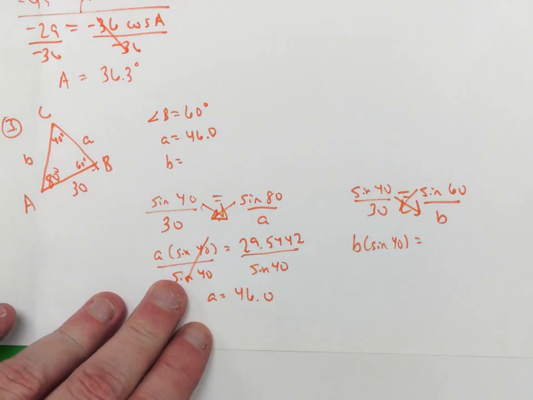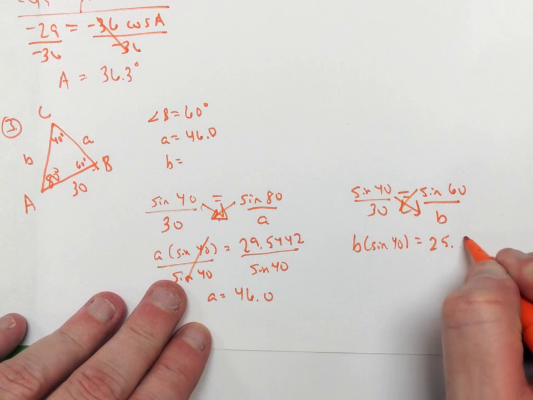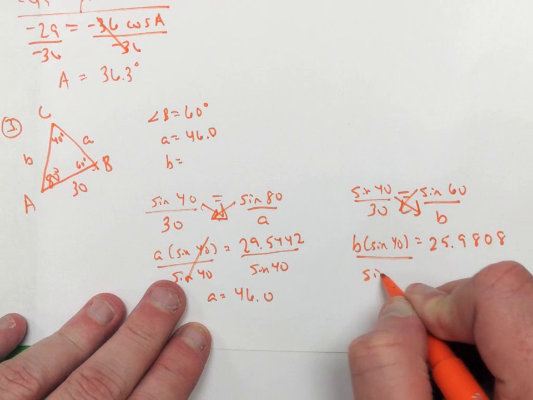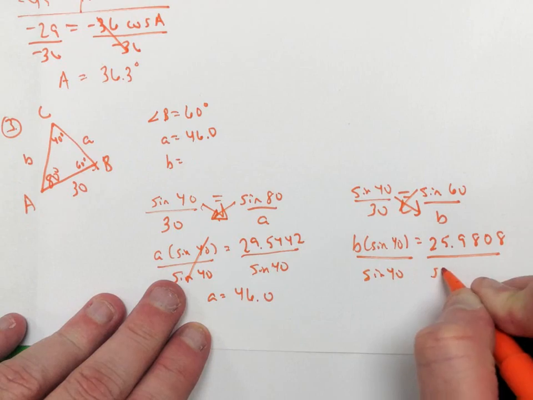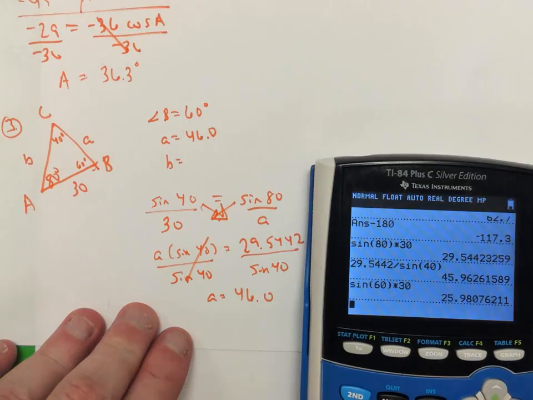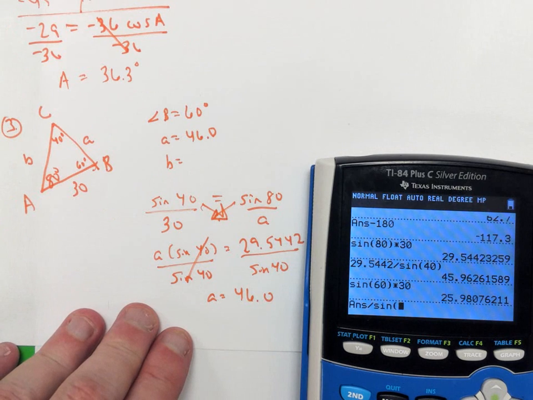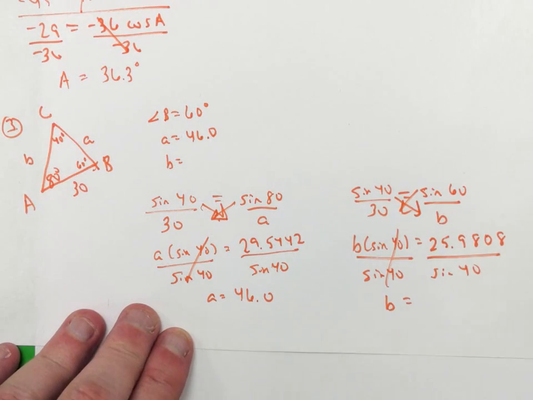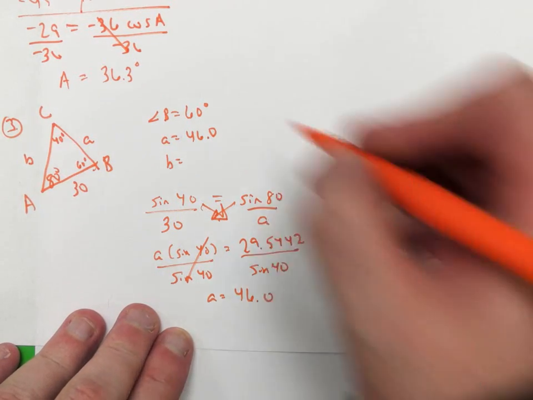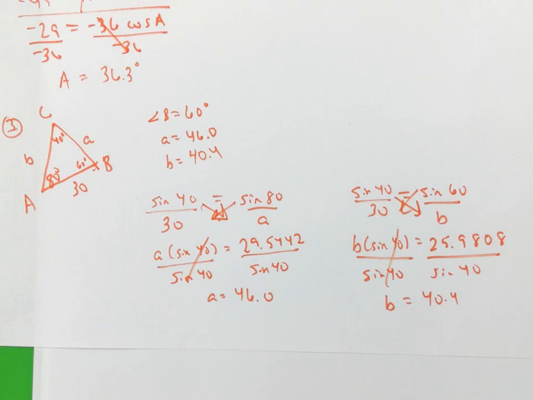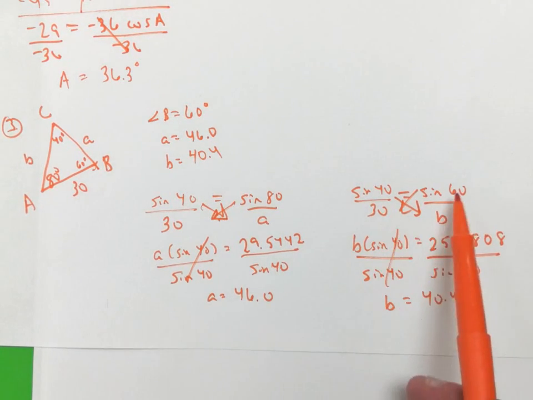Okay? 25.9808. I'm going to divide both sides by sine of 40. And I get 40.4. Okay. Make sure we set it up correctly.